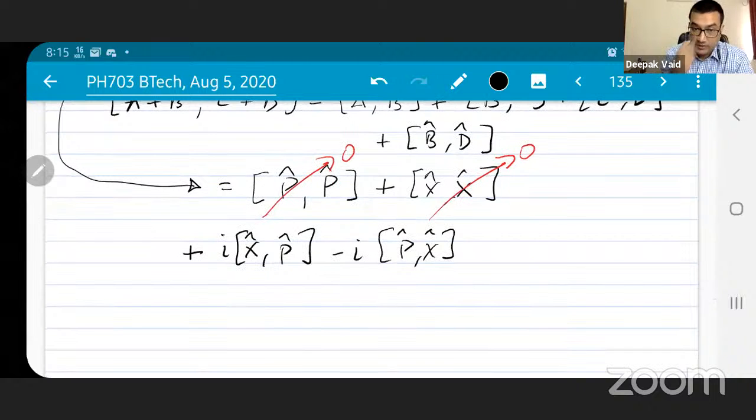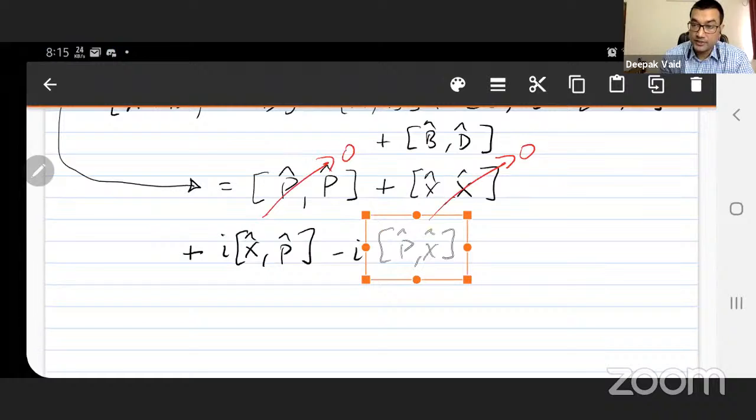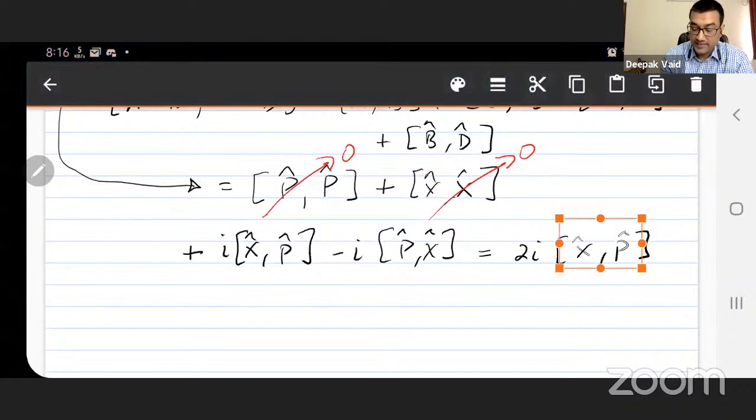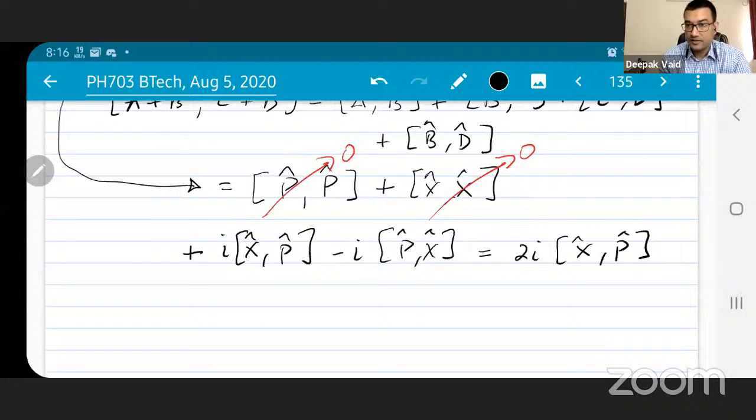And these two are basically the same, because here the order of the commutator is switched. So I can just write this as 2i times the commutator of x and p. You don't have to include these hats in every expression once it's understood that these are operators.